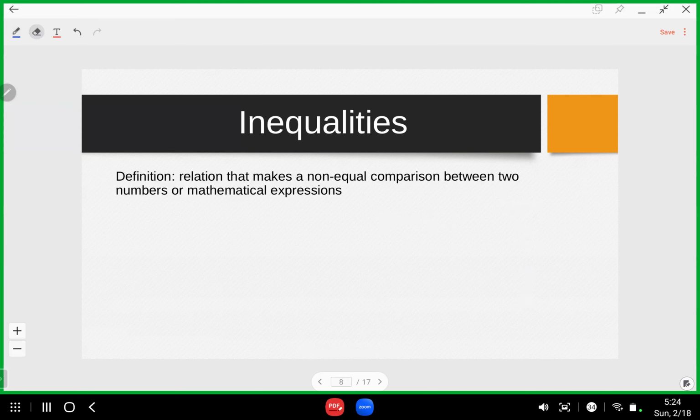So I'm going to give some examples of what our inequalities will be looking like. You're going to be solving things like this, okay? Or maybe 5x plus 4 minus 3 less than 6x.